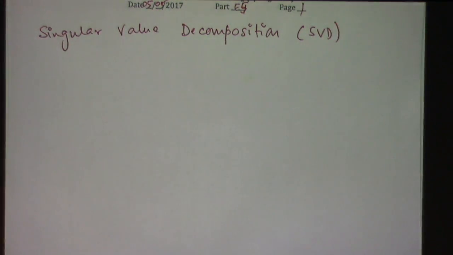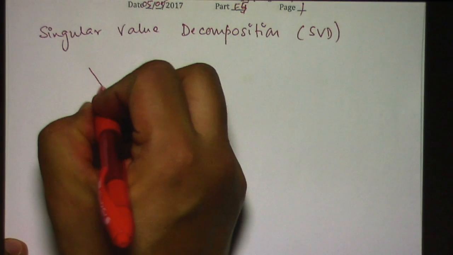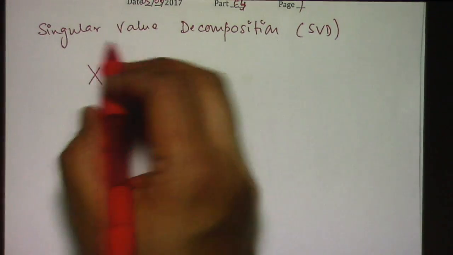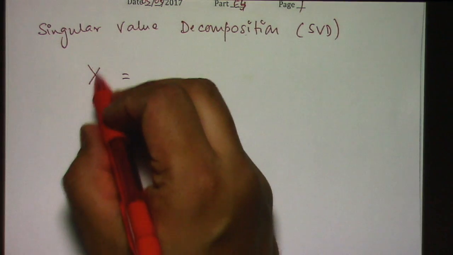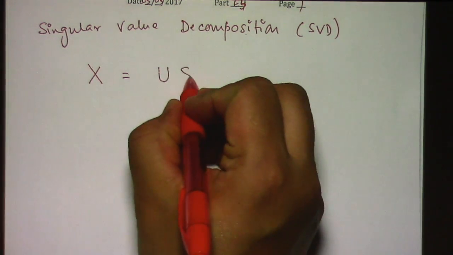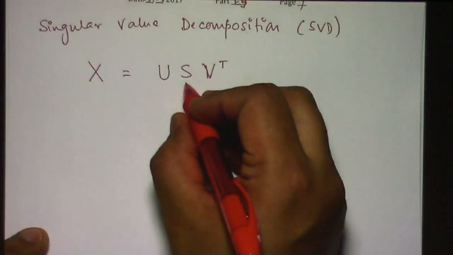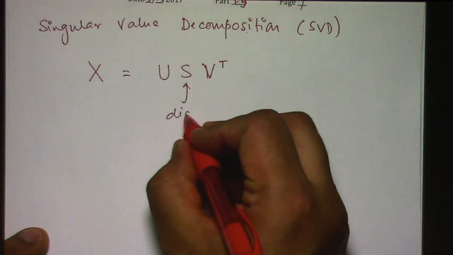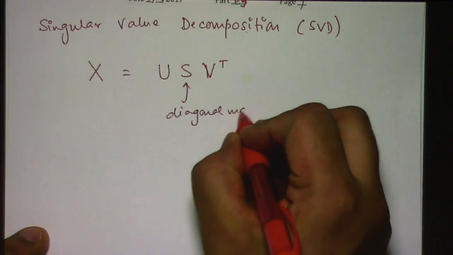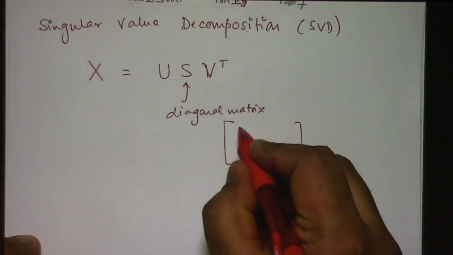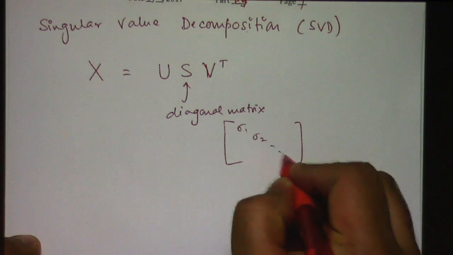So mathematically, SVD essentially is written like this. If you have any matrix X, and X can be of any dimension, so this is our data matrix. What this decomposition says is, can I break this matrix into a product of three matrices, U times S times V transpose, where S is a diagonal matrix, meaning just values along the diagonal.